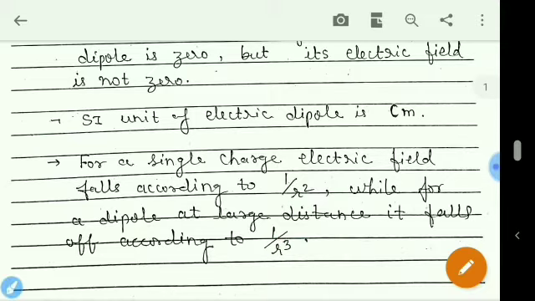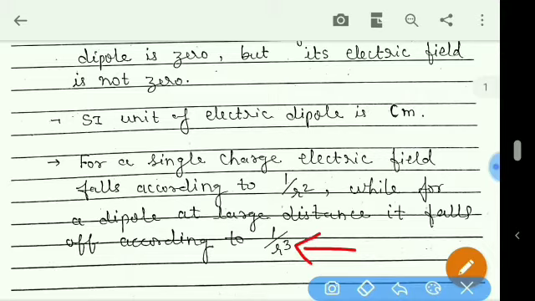Means for an electric dipole, the electric field decreases rapidly with distance compared to a single charge. Here see the power is 3 and here the power is 2. So here the decrease will be rapid.